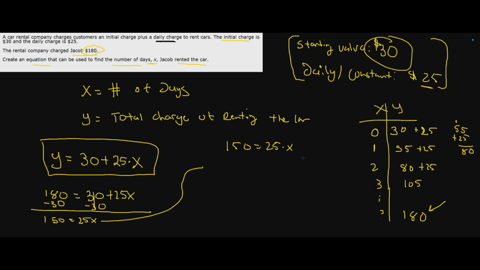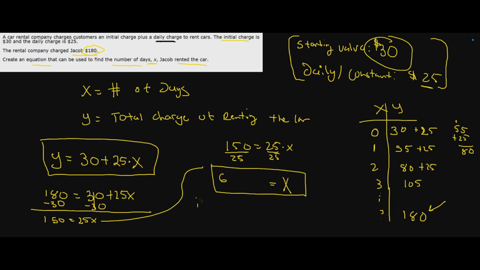Now let me ask you this question. What do we want to do next to solve this? Well, my friends, very simple. All we have to do is divide by 25, because it's multiplying. 150 divided by 25 is 6. So x is equal to 6. What does that mean?